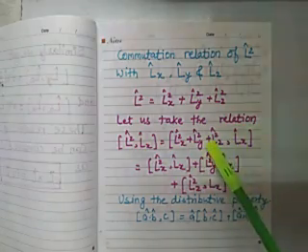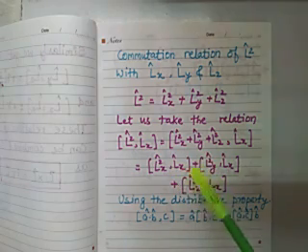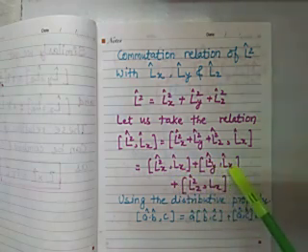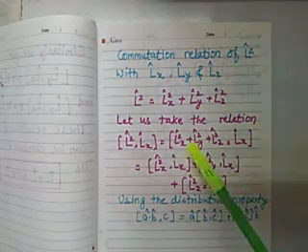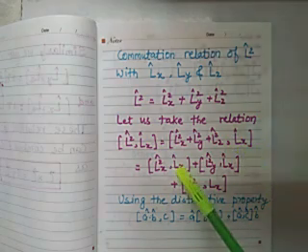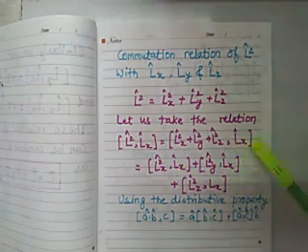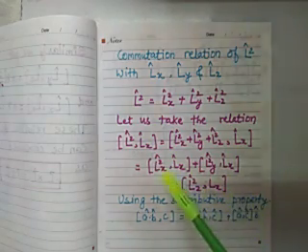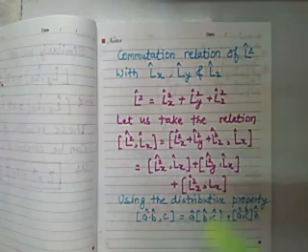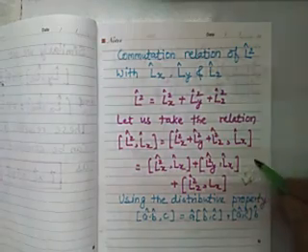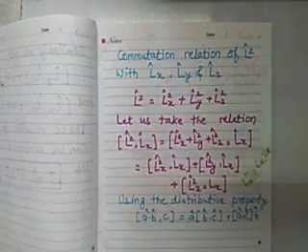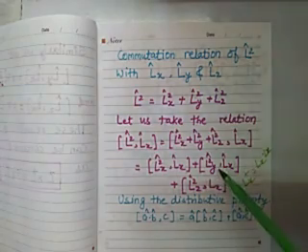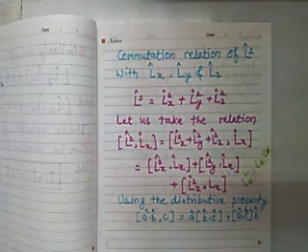Now this relation can be split in three different parts, that is Lx square commutation with Lx, Ly square commutation with Lx, and Lz square commutation with Lx. Here Lx square is written as Lx dot Lx. Similarly, Ly square is written as Ly into Ly, and Lz square is written as Lz into Lz.